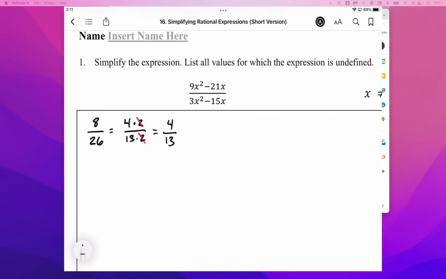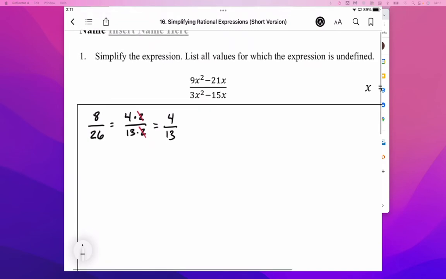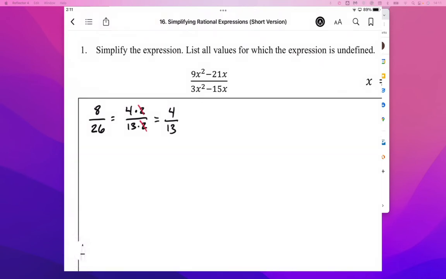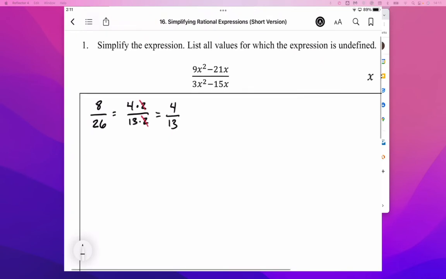And so basically all we're going to be doing today is simplifying fractions, although it is going to get a little bit more involved than the way that you've simplified fractions in the past. And so let's go ahead and look at this one. We have 9x squared minus 21x over 3x squared minus 15x.